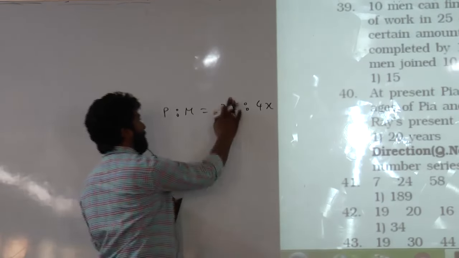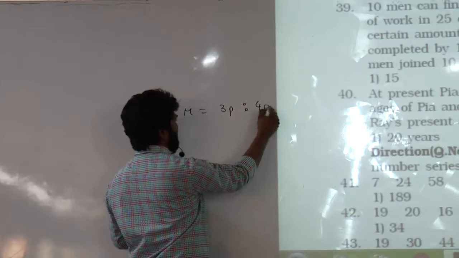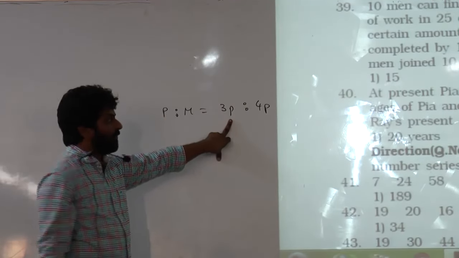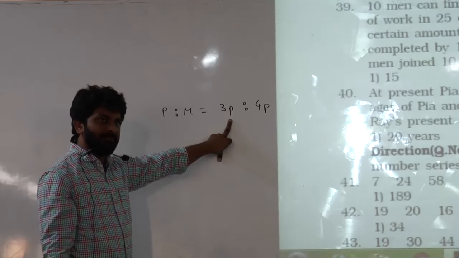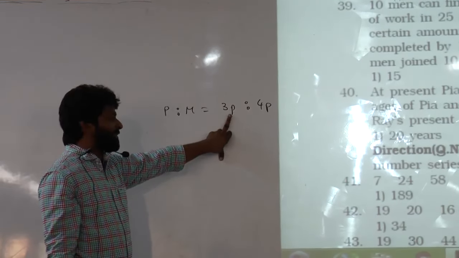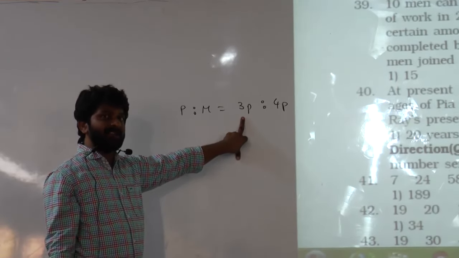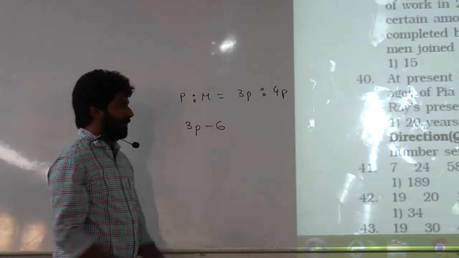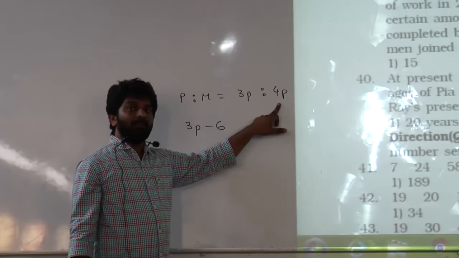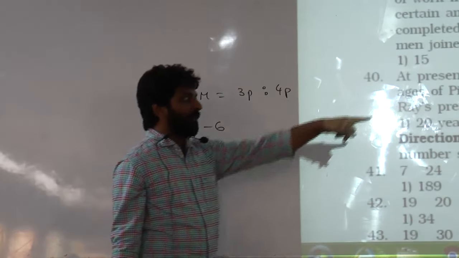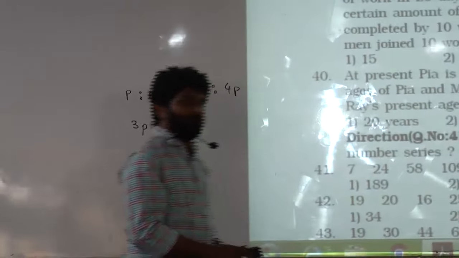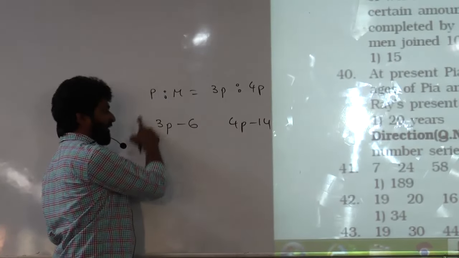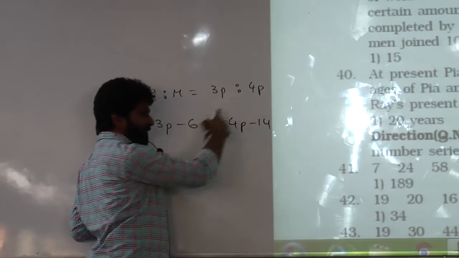Hence, let it be 3 parts and 4 parts. If Pi's age is 3 parts, what about Ray's age? 3 parts minus 6. And Mini's age is 4 parts. If Mini's age is 4 parts, what about Ray's age? 4 parts minus 14. This is Ray's age. This is also Ray's age.